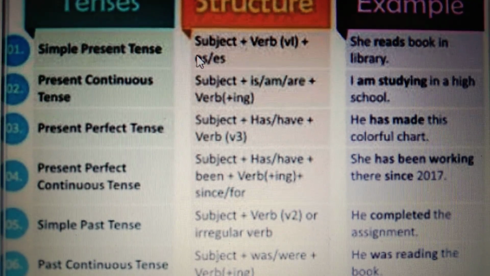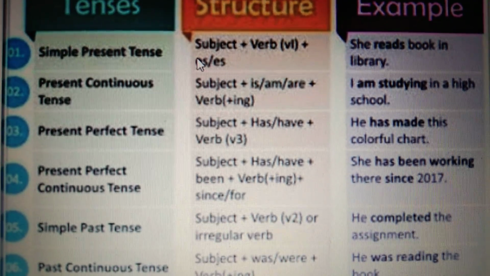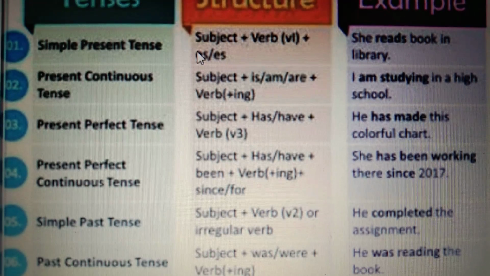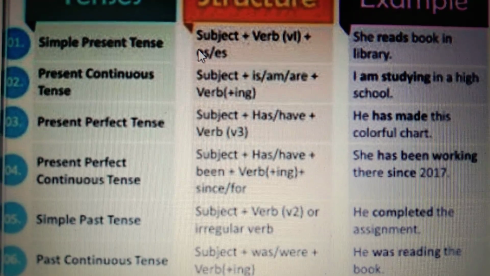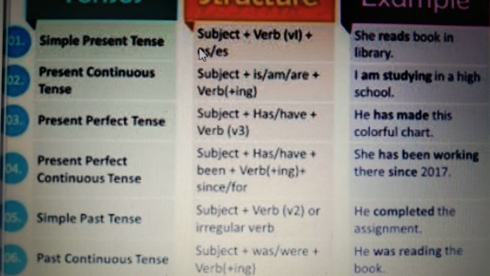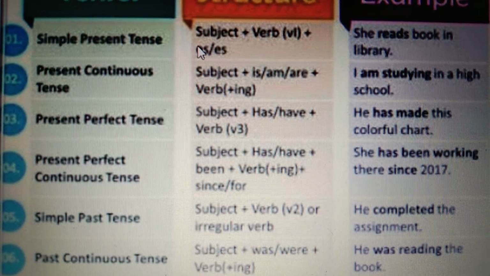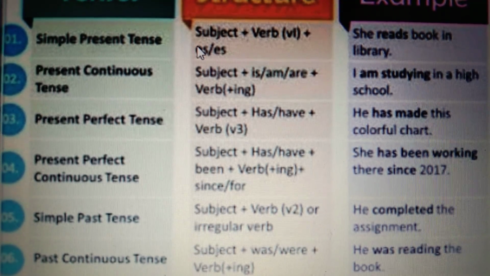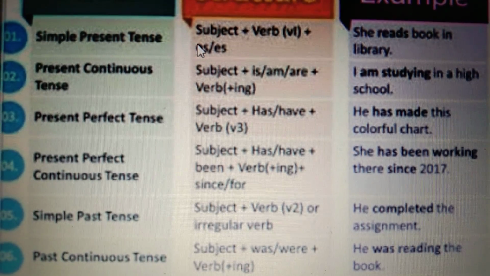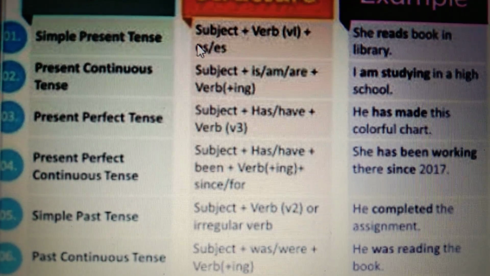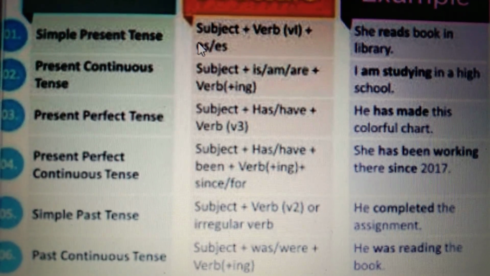For example, she reads a book. It means it is her habit. She reads a book. She is singular, so s is used here. If we want to change it into negative, it will be she does not read a book in the library. When we use does not, the s is removed from the verb.